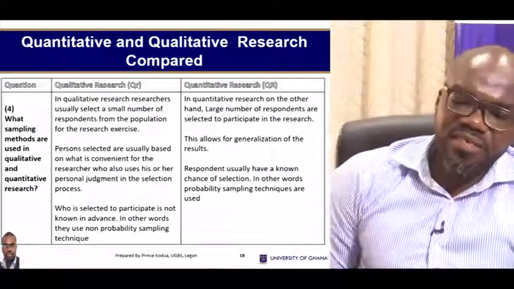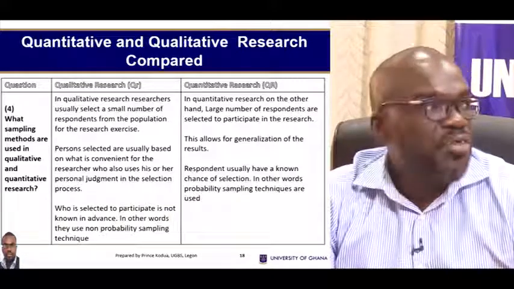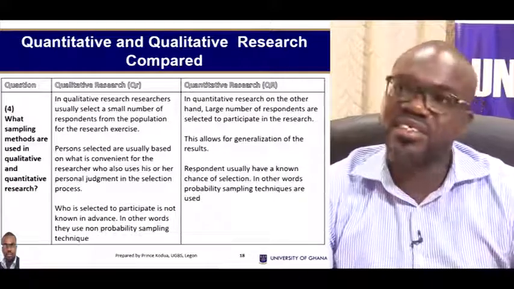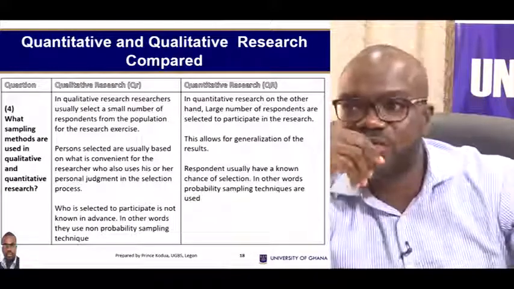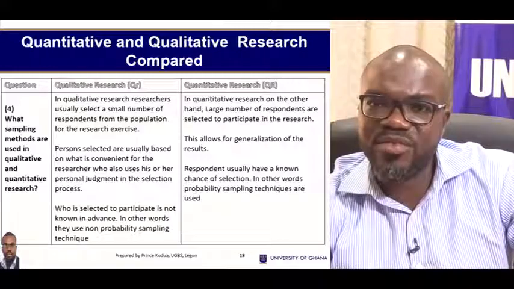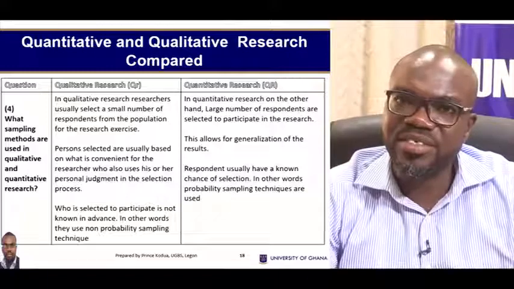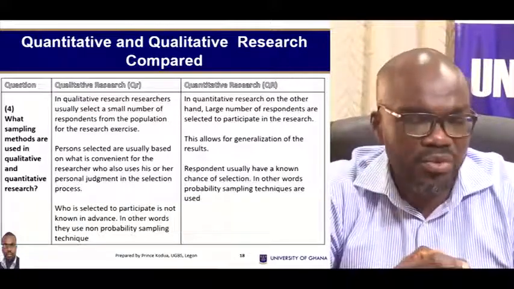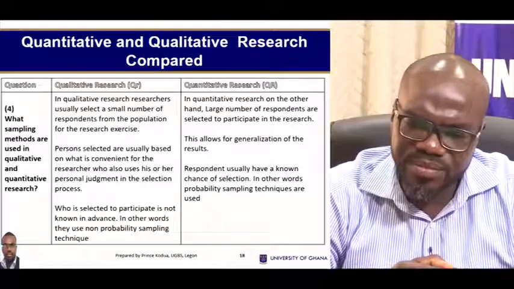Under quantitative research, on the other hand, a large number of respondents are selected to participate in the research. The reason is obvious, because quantitative research is usually used for strategic marketing decisions with long-term consequences. So we normally look at the relationship between variables to be able to come up with more conclusive results.